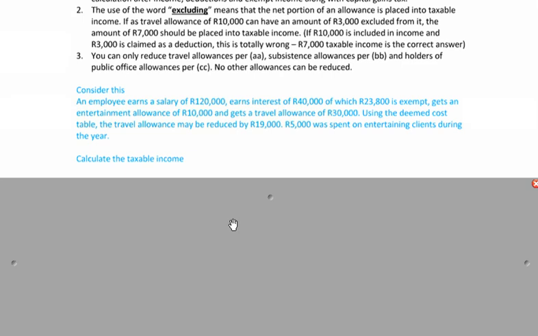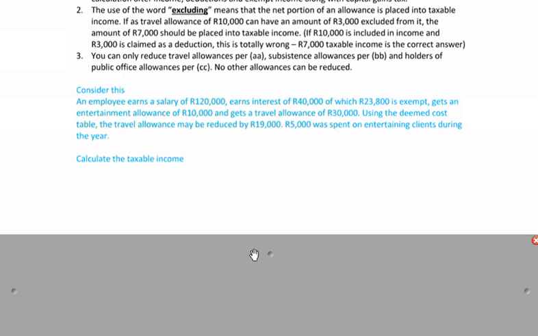An employee earns a salary of 120,000, earns interest of 40,000, of which 23,800 is exempt, gets an entertainment allowance of 10,000 and gets a travel allowance of 30,000. Using the deemed cost table, the travel allowance may be reduced by 19,000 Rand. 5,000 Rand was spent on entertaining clients during the year. Calculate taxable income. It is very, very important that you get the order right with this.